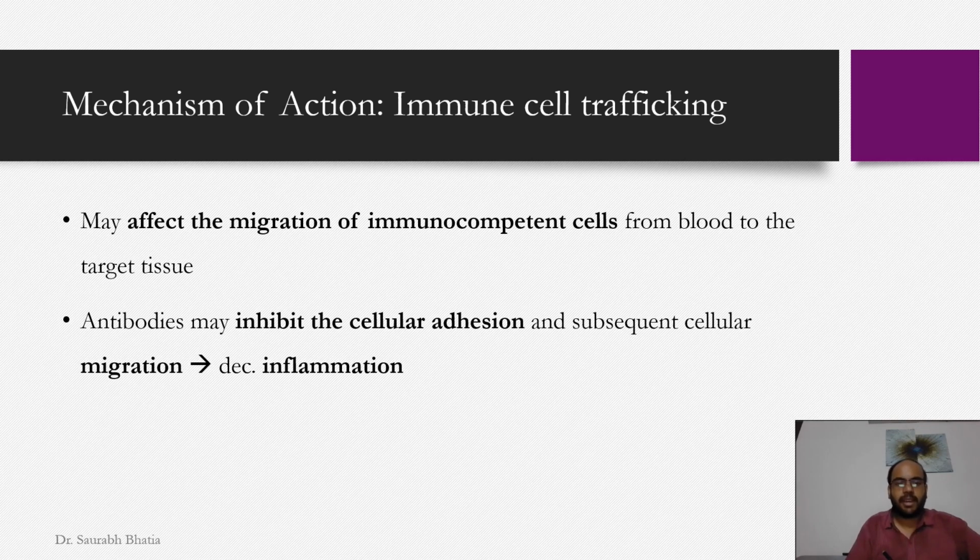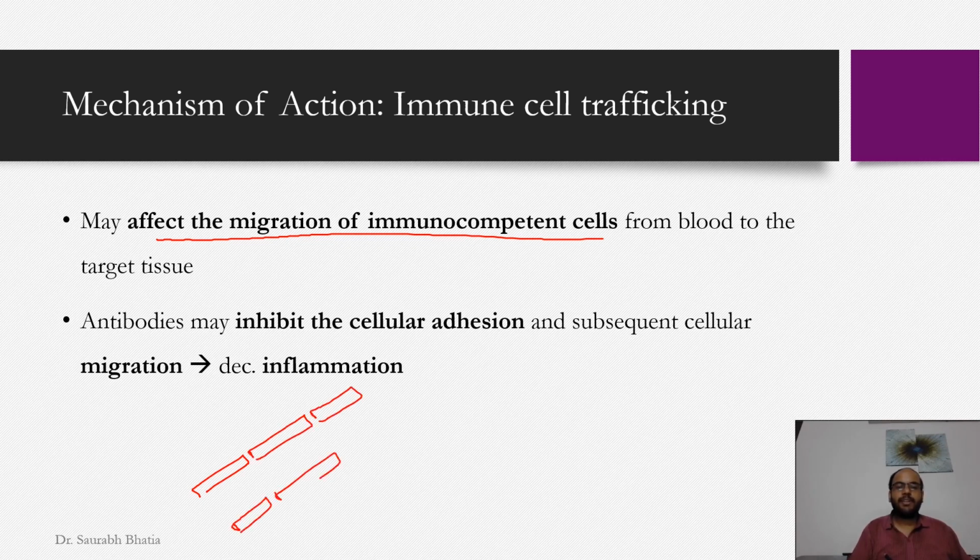Immune cell trafficking. IVIg may affect the migration of immunocompetent cells from the blood to target tissue. We have spoken a lot about immune cell migration, isn't it? You have endothelial cells in the blood vessels, and in immune cell migration, inflammatory cells from the blood vessels squeeze in between the endothelial cells and come to the tissue where the action is happening.